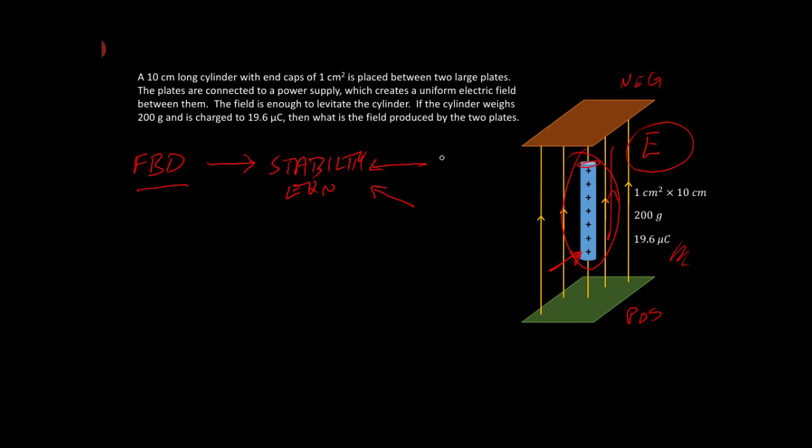And so we're going to have probably an electric force and a gravitational force. Okay, so I'm going to do those in three ways. I'm going to start off with the free body diagram, and that's going to show us the physics.